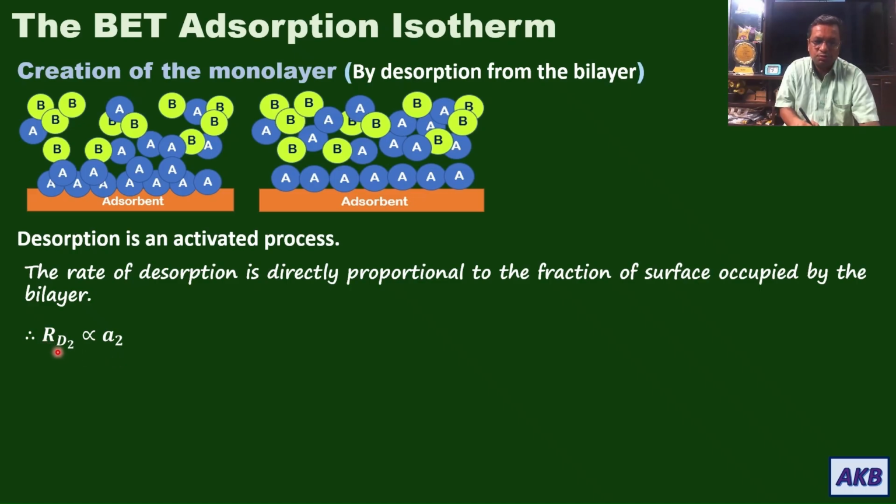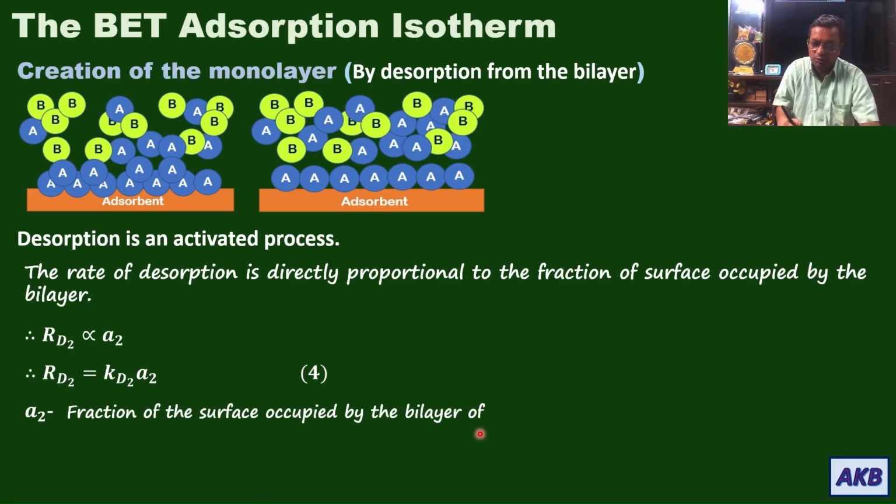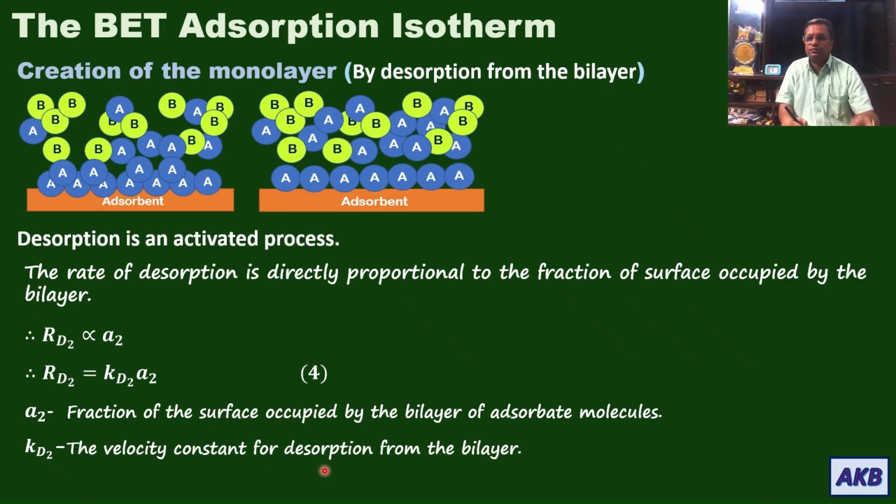RD2 is the rate of desorption from the bilayer. It is directly proportional to A2, so RD2 is equal to KD2 into A2, and I am calling this equation number 4. Here, A2 is the fraction of the surface that is occupied by the bilayer of the adsorbate molecules, and KD2 is the velocity constant for the desorption of the bilayer.